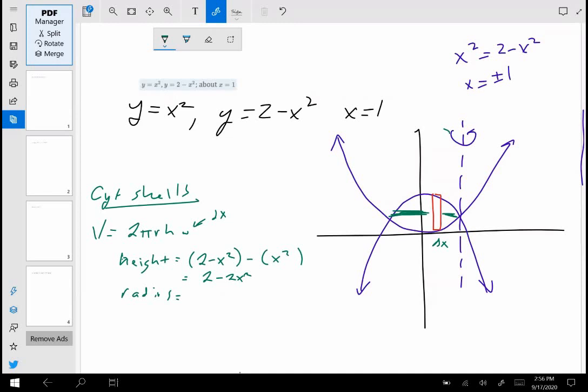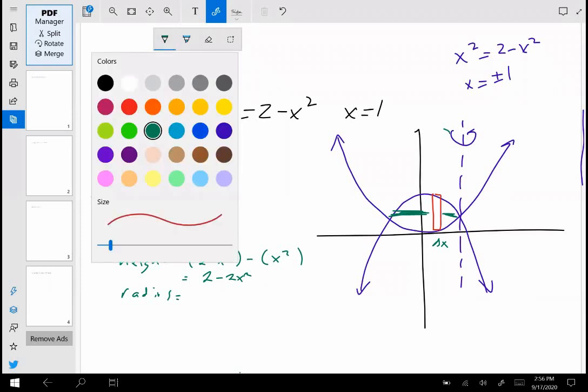What is the radius that I'm looking for? No, but closer. 1 minus x. We're going from here over to this spot, right?